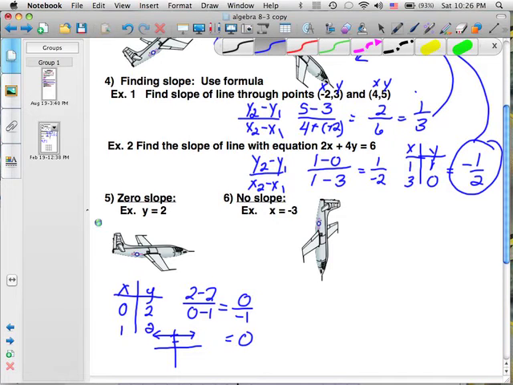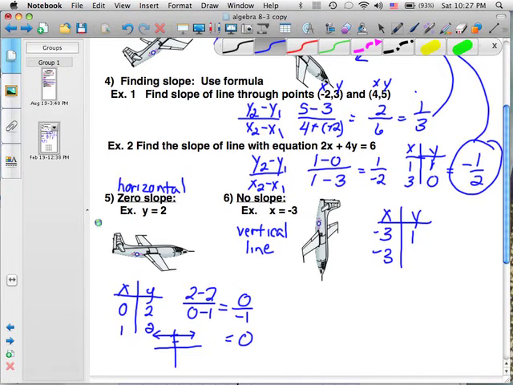If I have no slope, that's a vertical line. Or 0 slope is a horizontal. And no slope would be a vertical line. It's like a plane in a dive. You just don't exist. So x equals negative 3.